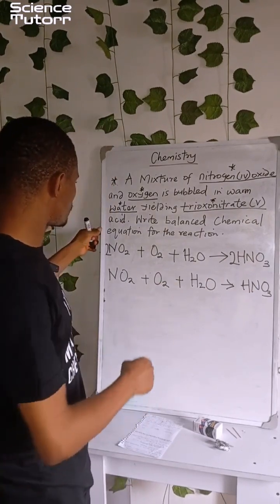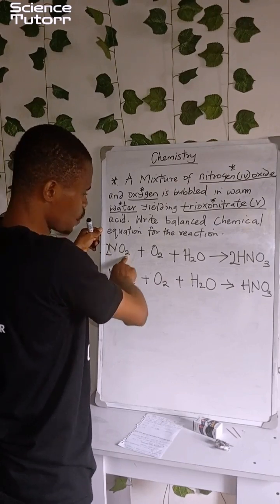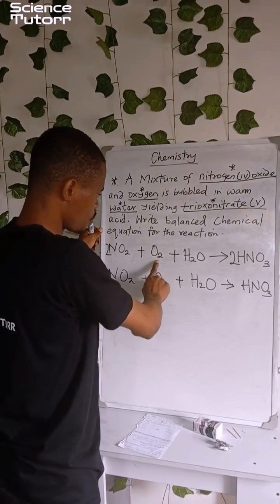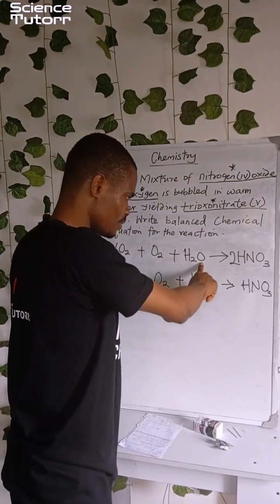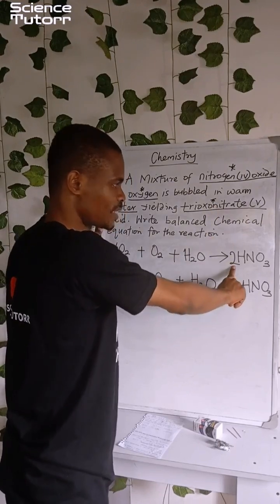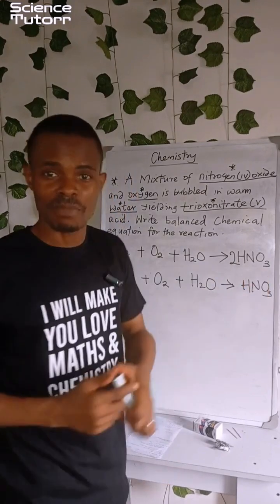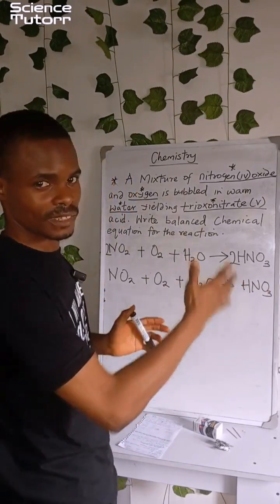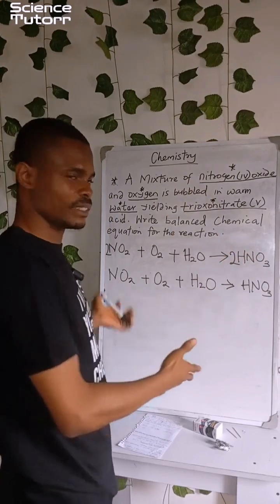Now I do a check for oxygen. 2 times 2 is 4. 4 plus 2 is 6. 6 plus 1 is 7. So on the reactant side, I have 7 oxygen, while on the product side, I have 6 oxygen. It is not balanced. 7, 6, there's a deficit of 1 when you compare the product and the reactant.